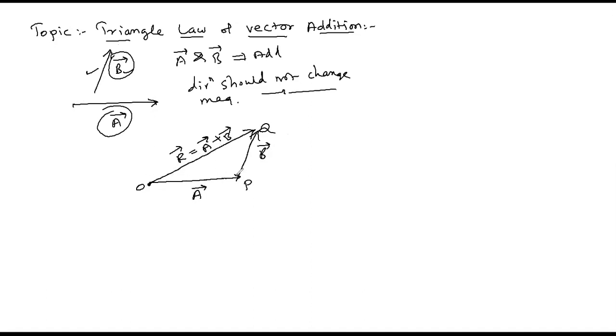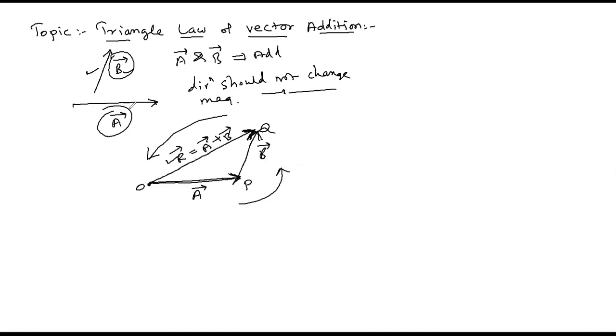See here, the arrowhead of OP is this side, then PQ is this side, that means you are going from O to P to Q. The closing side should not be drawn like this, with the arrow here, but the arrow of the closing side of this triangle should be taken in reverse order. So that is nothing but your resultant vector. So R is equal to A plus B.